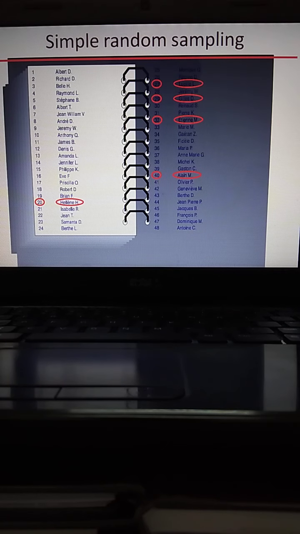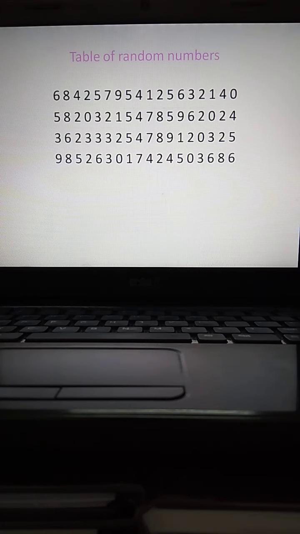Okay. So these are the names listed here. This is a random number table, let us suppose.